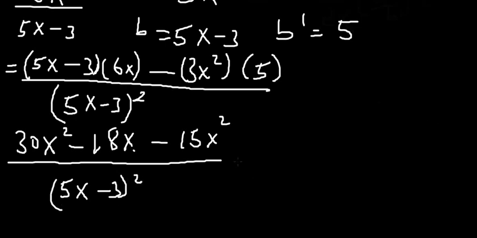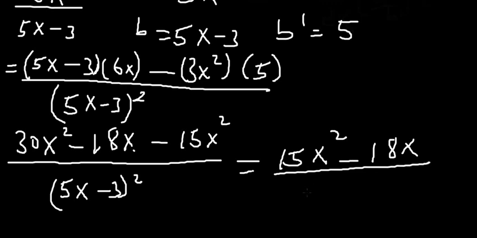So in the numerator, we're going to put like terms together to give us 15x squared minus 18x all over 5x minus 3 squared. So using the quotient rule, that will be the answer.